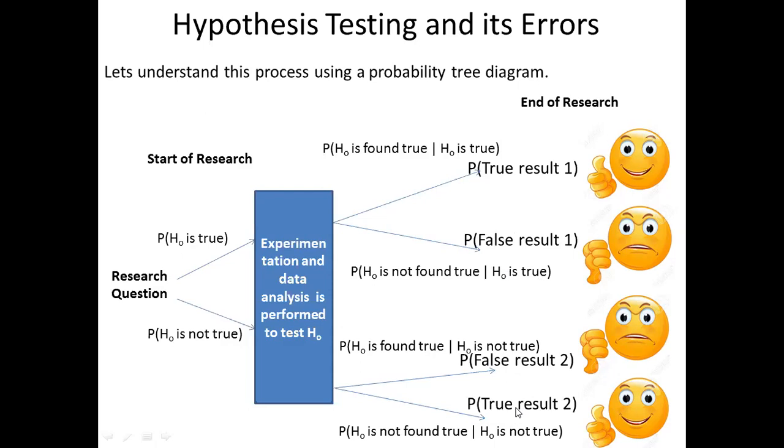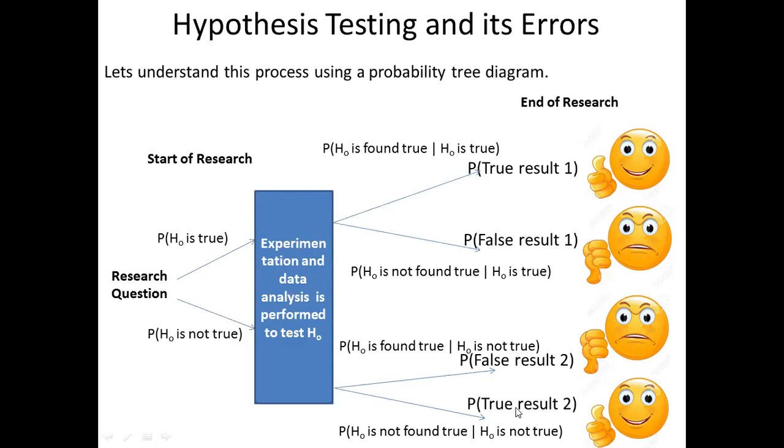So the probability of TP has an error, which is the probability of false positive, and the probability of TN has an error, which is the probability of false negative, right? False positives are also called type 1 error, and false negatives are also called type 2 error. We use the symbol alpha for false positive, and the symbol beta for false negative.